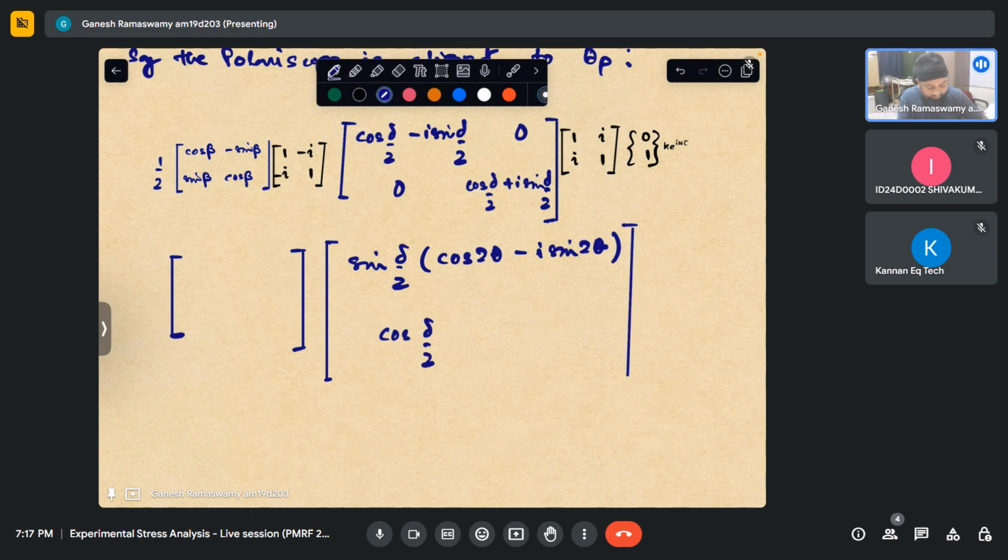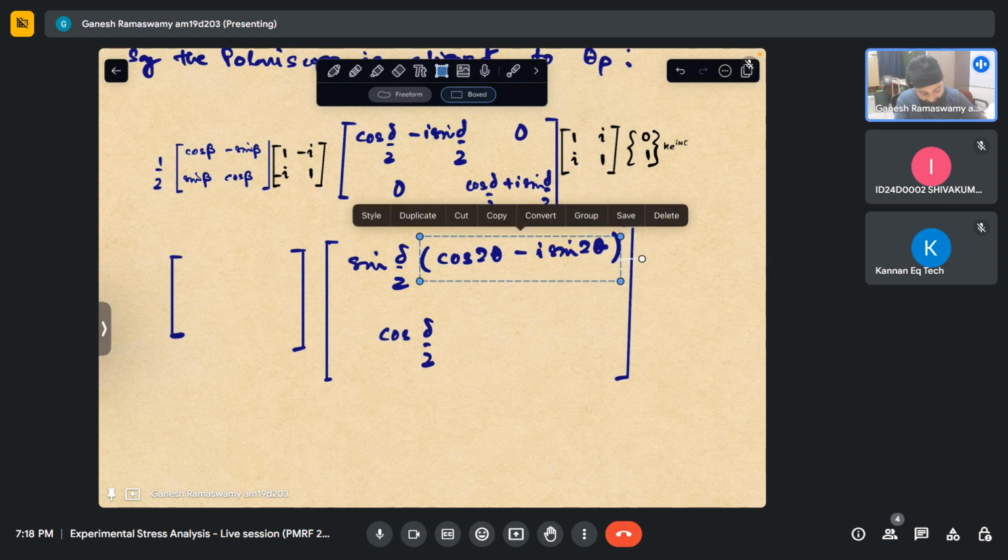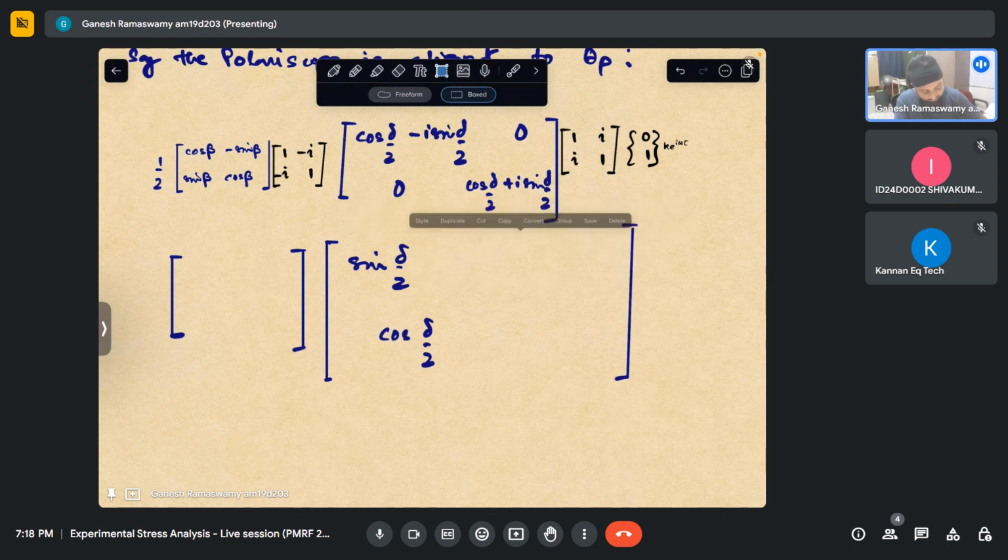This is what you get in the case of a circular polariscope where the isoclinic angle is theta with respect to the datum. But here, since we have changed the datum, our theta is essentially 0. So this quantity doesn't even appear.